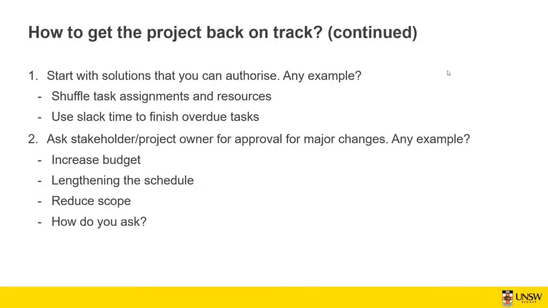BAC is not the same thing as earned value. So budget at completion is, as I mentioned, the cumulative planned value at the end of the project. Earned value is the amount of the work that has been completed compared to the planned value.